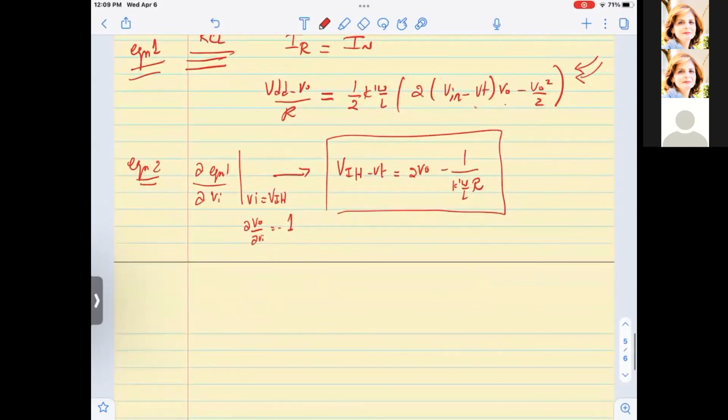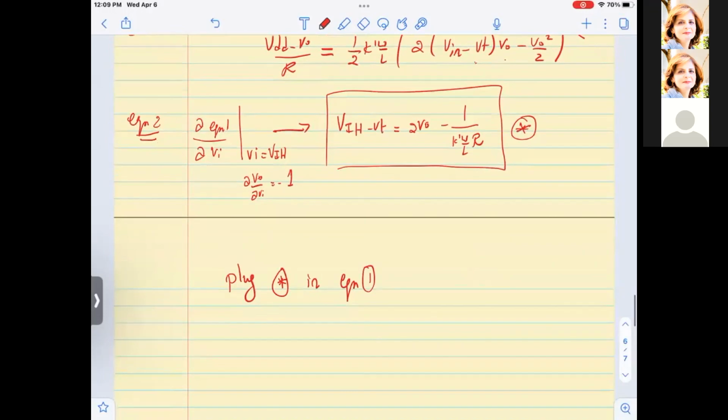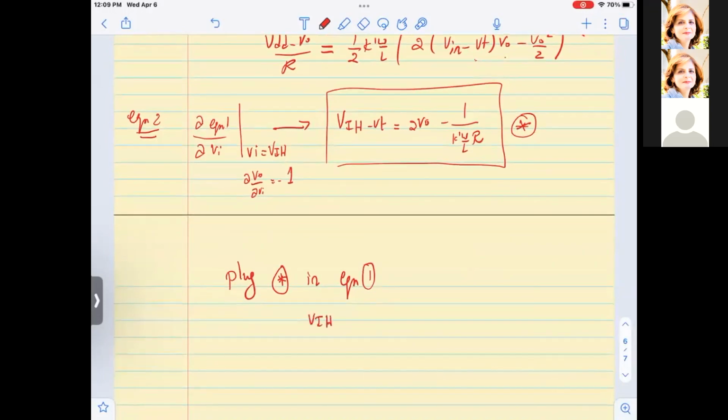okay, we then plug it in, we call it star, and then we plug star into equation 1. What does plug star mean? It means put VIH, for example, as a function of VO.